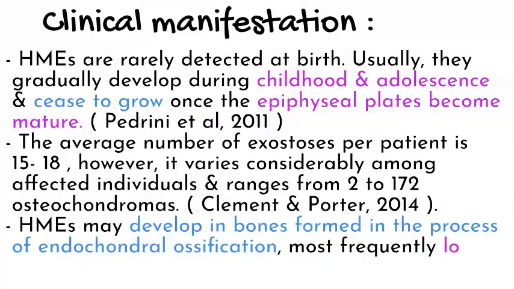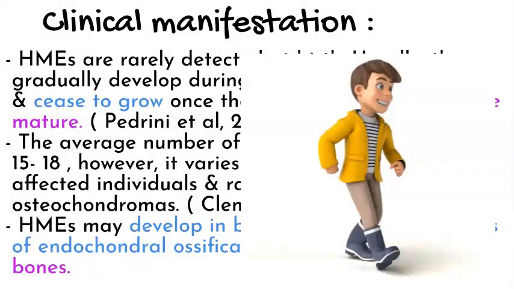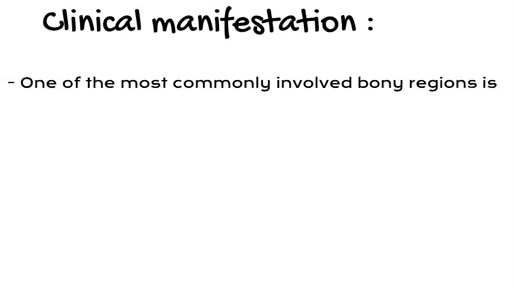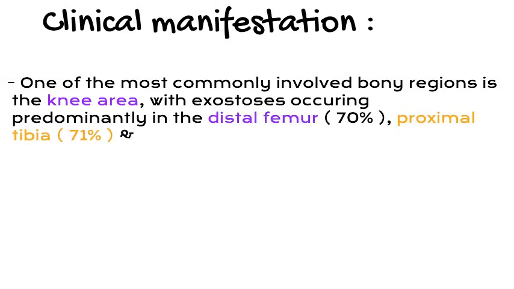HMEs may develop in bones formed in the process of endochondral ossification, most frequently long bones. One of the most commonly involved bony regions is the knee area, with exostosis occurring predominantly in the distal femur, around 70%, proximal tibia 71%, and proximal fibula 27%.